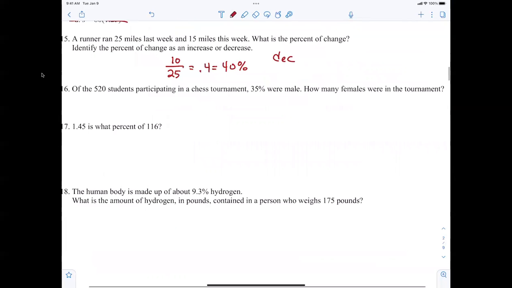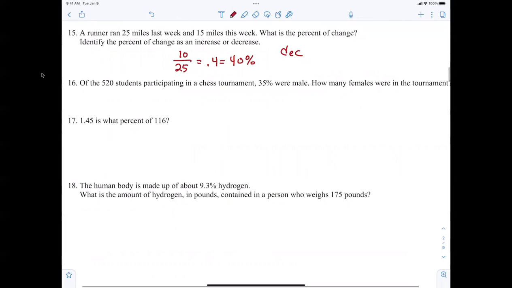Okay, number 16. Here we go. Forrest, help me out. Now this one's a good one. Everybody do this one. Of the 520 students participating in a chess tournament, 35% were male. How many females were in the tournament? What would you do? 520 students in all.